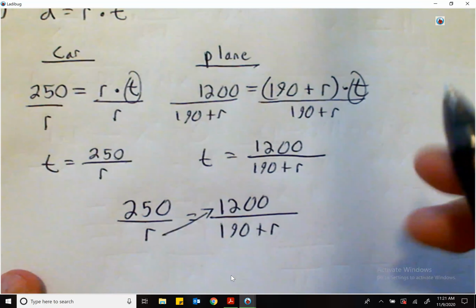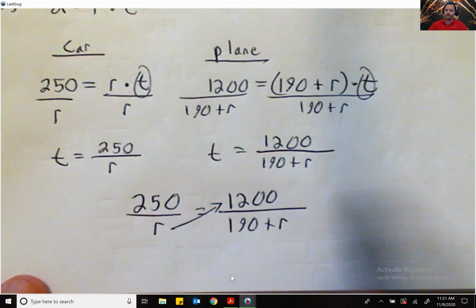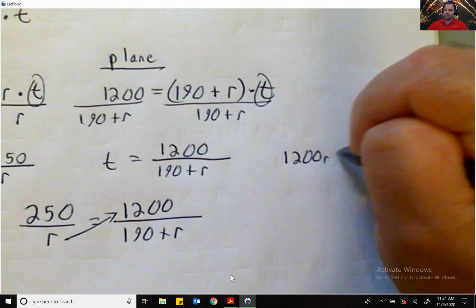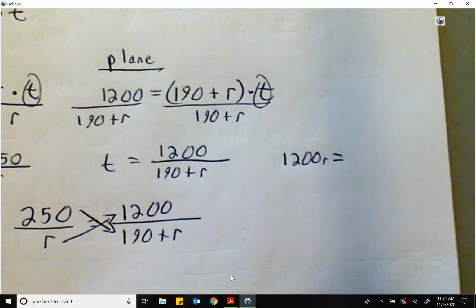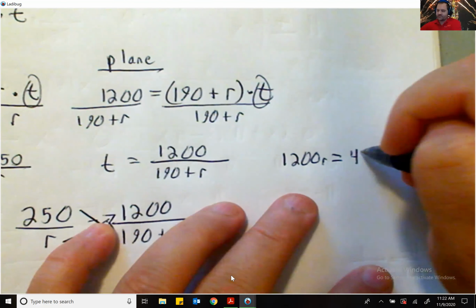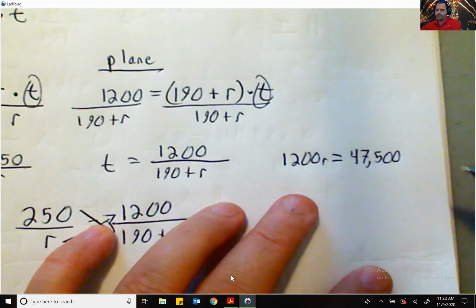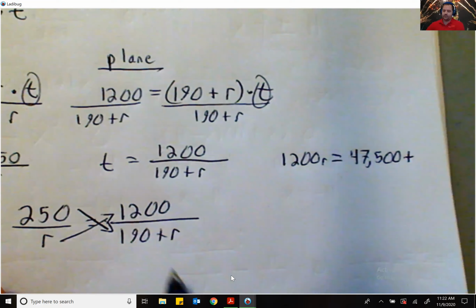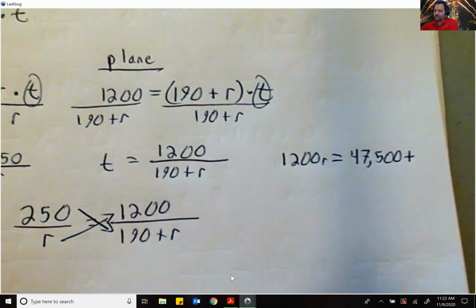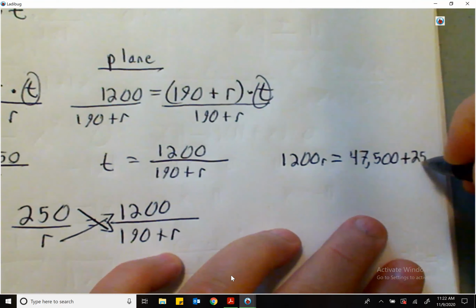So what's R times 1,200? 1,200R. Okay, 1,200R equals what's 250 times 190 plus R?